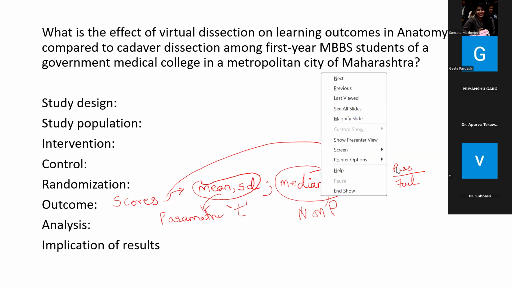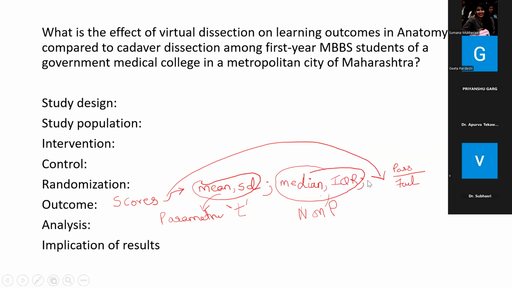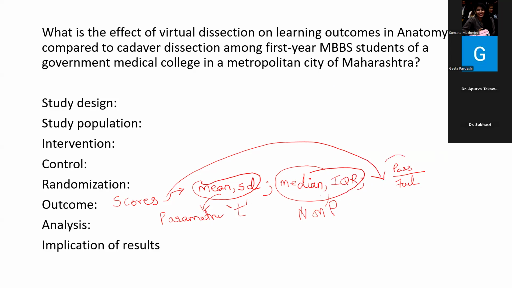And if it is pass-fail, if you have decided to convert it into a binary, then how do you analyze? We can use a chi-square test. Yes, you can use a chi-square test. If you go for ratio, then if you are assuming normal distribution, you would go in for linear regression.